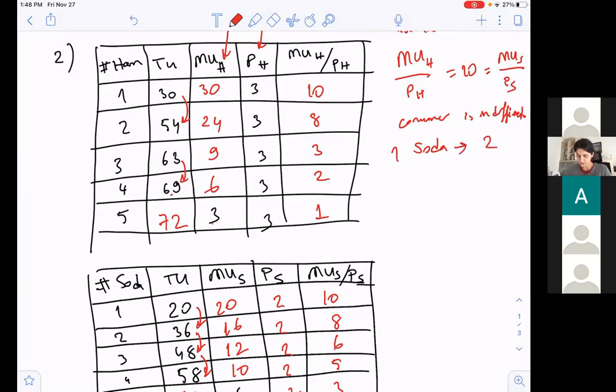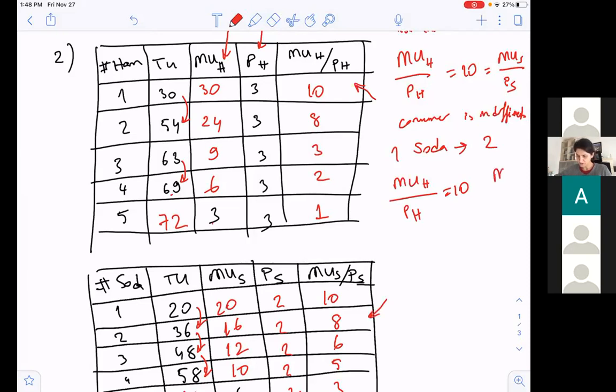Okay, for the next item, what are you going to compare? She didn't consume any hamburger at all. Marginal utility of hamburger divided by price of hamburger is 10. So you look at this first unit because she hasn't consumed yet, and compare it with the second unit of soda because she consumed 1 soda.